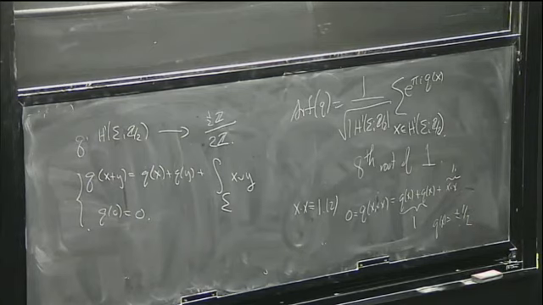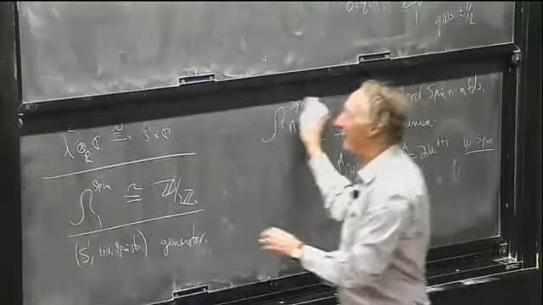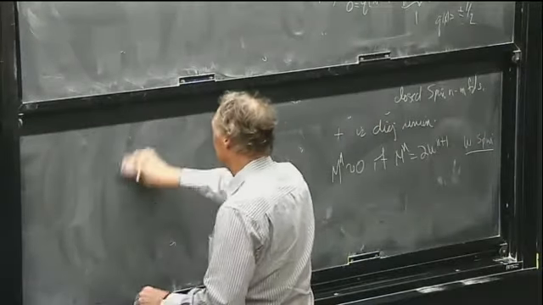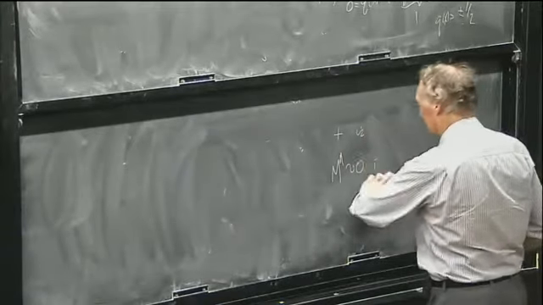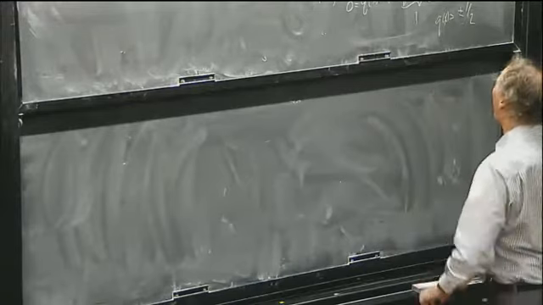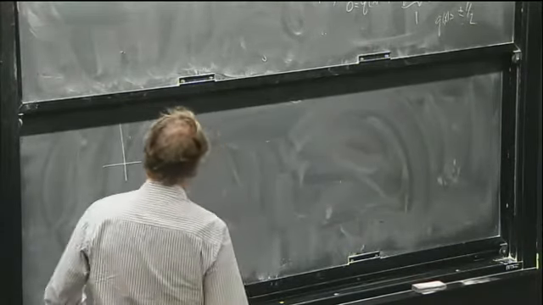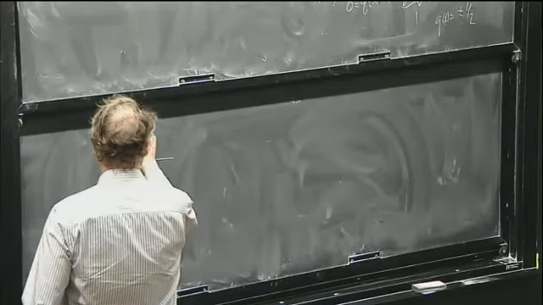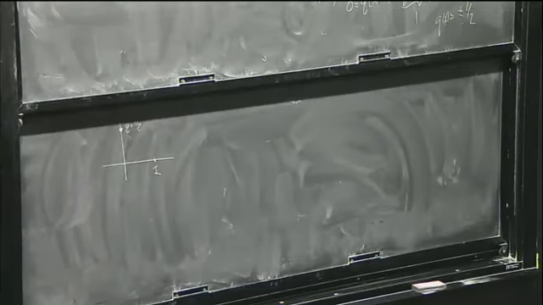Okay, so let's do those two cases. Suppose we do plus a half. That'd be there. Q equals 1/2. Q of 0 is 0.